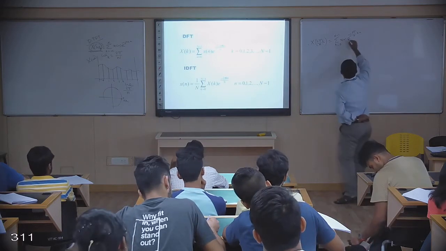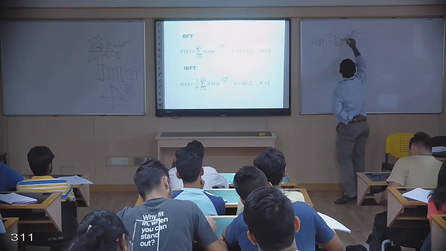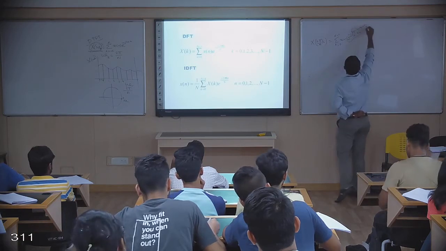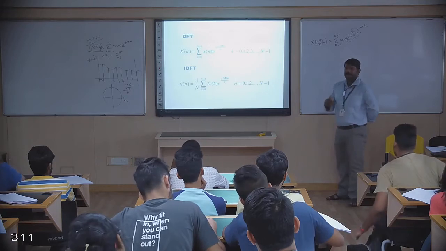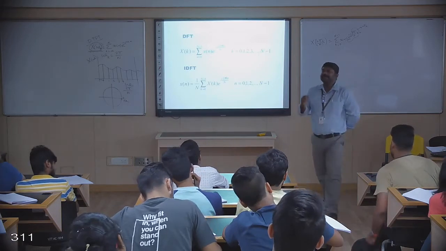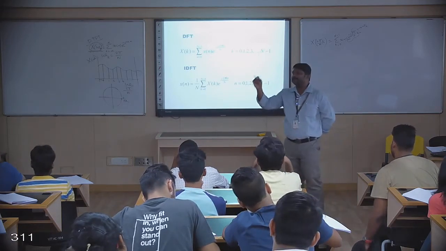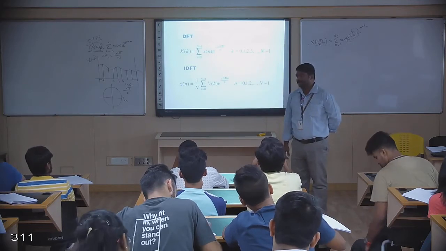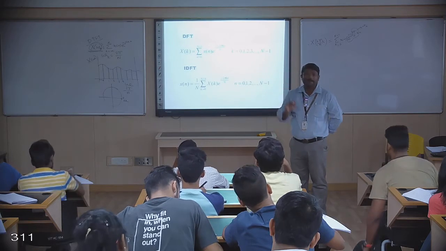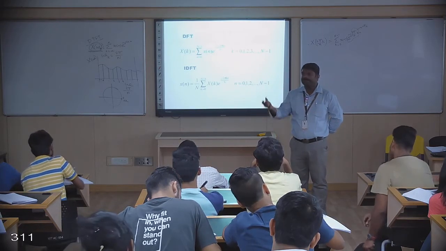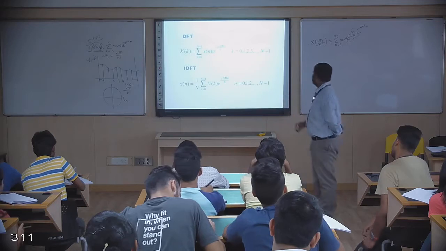So this comes in the place of omega k. So again I repeat, DFT is the sampled version of the discrete time Fourier transform. So we are sampling the X of omega in the interval of 2 pi by n, of course with the index k. So k, what is the running length of k?